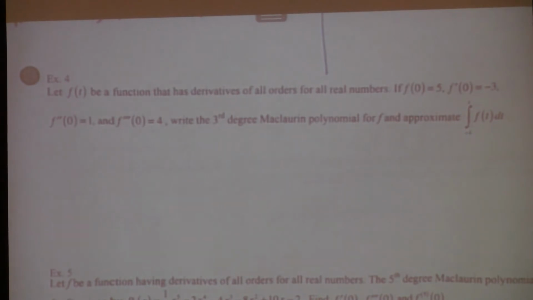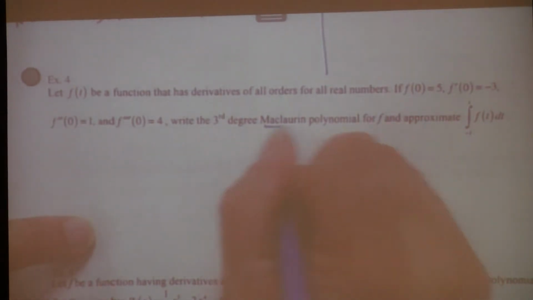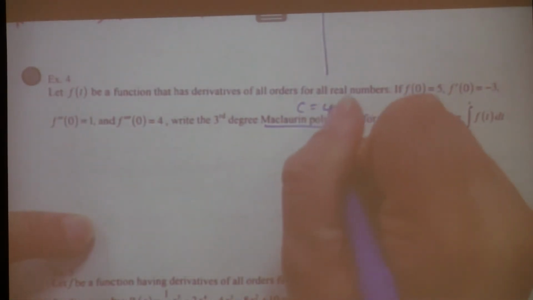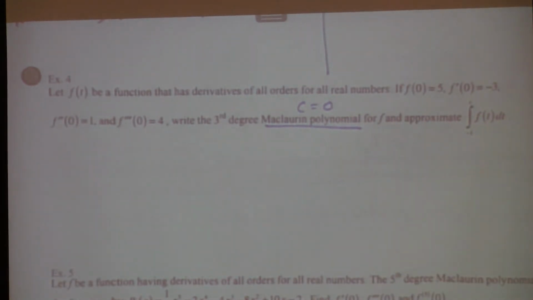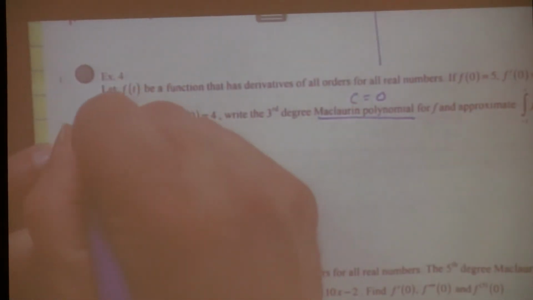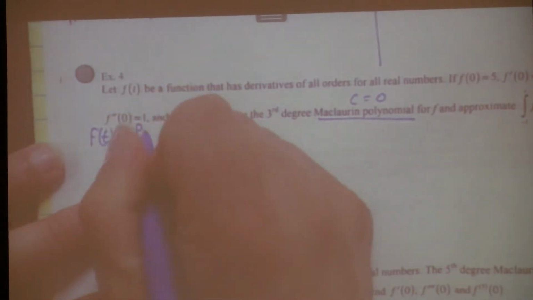What's the center? Zero. So the center is 0 because they said it was Maclaurin. So that means we're not going to have x minus c, it's just going to be x, right? Okay? And they're also giving us the numerators of the coefficients, right? So it should be easy to create, yes? So let's do it. So f of t is going to be approximately P sub what?